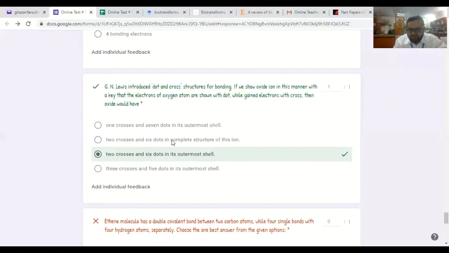In the second option, you should all focus on this point: in the complete structure there must be 8 dots. 3 crosses and 5 dots in its outermost shell: wrong. So this is the correct answer.